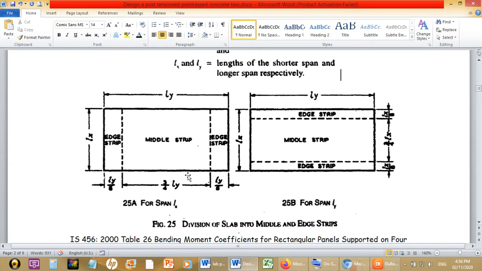We need to remember that if we are doing the calculations for the span Lx, we consider the middle strip length as 3/4 of Ly, and if we do the moment calculation for the span Ly, we consider the length of middle strip as 3/4 of Lx. Means vice versa relation is there. So we have the values of Lx and Ly, so we can get the middle strip length also with the help of this figure.